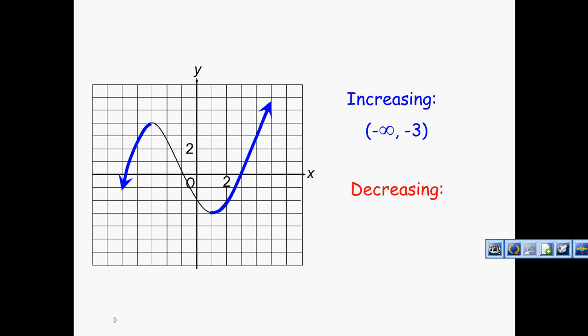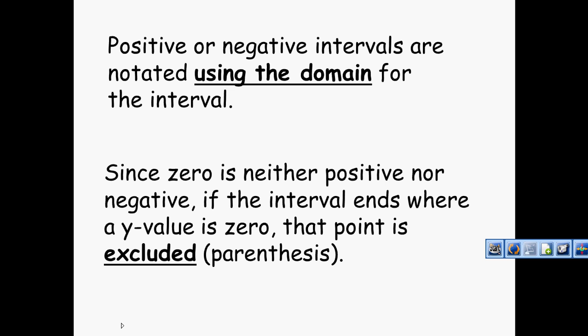Any questions about it being negative infinity to 3? But is that the only point? If I was to go on and write the other one, I would also include 1 to infinity. Now we're going to deal with the decreasing value, which is right there in the middle. What am I decreasing from? I'm decreasing from negative 3 to 1. Good job.